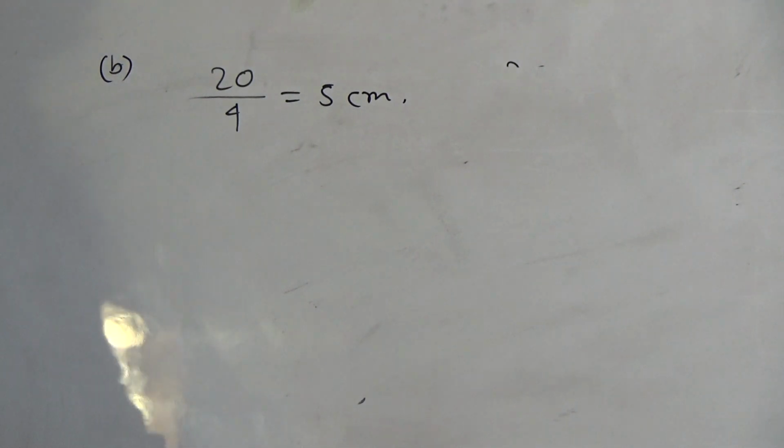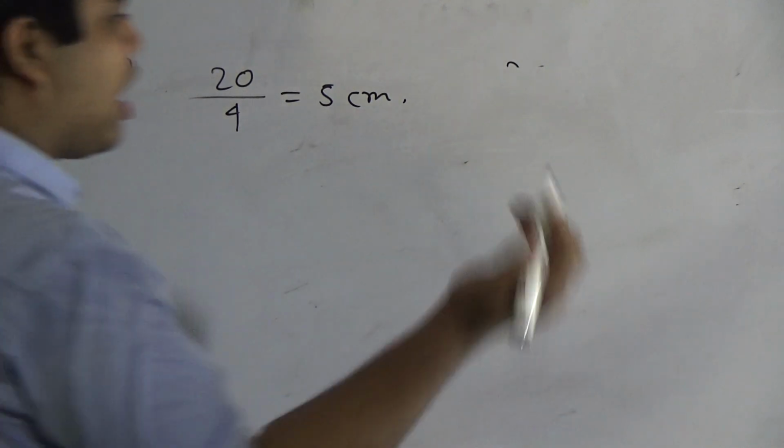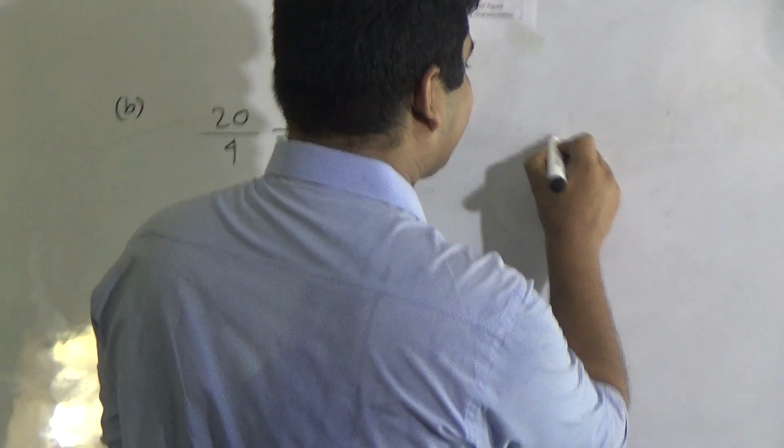So we need to draw a rhombus whose each side is 5 centimeters, but in this case no angle is a right angle. So you have to take an angle whose measurement is less than 90 degrees. That means it can be 80 degrees, 70 degrees, 60 degrees, whatever you want to choose.